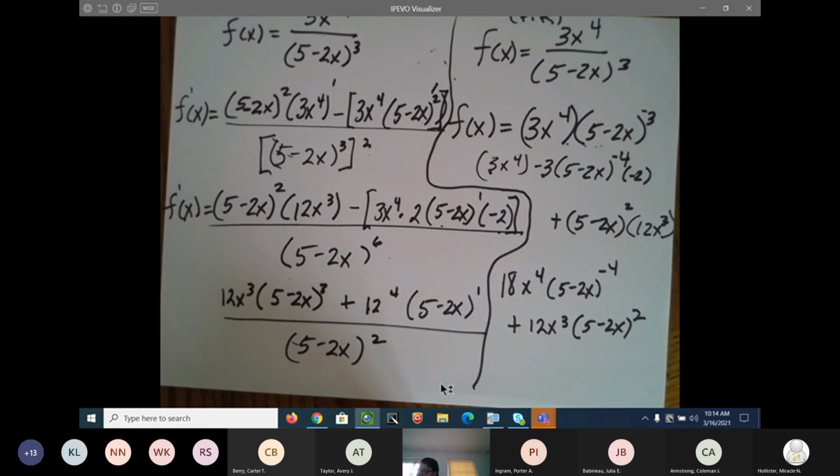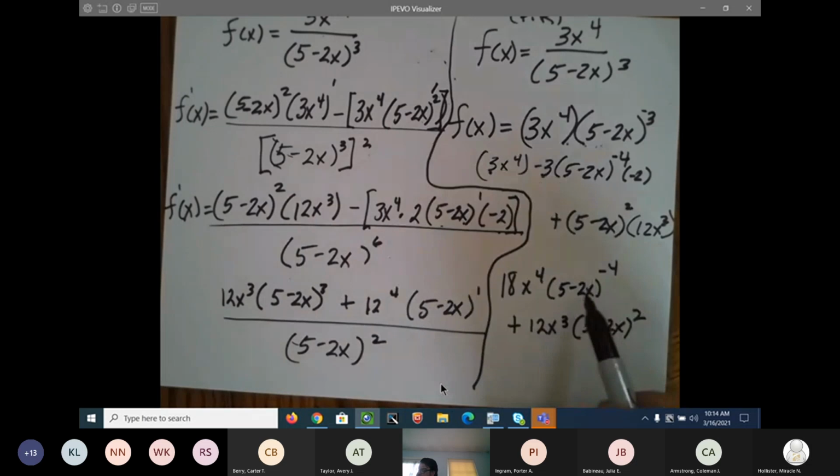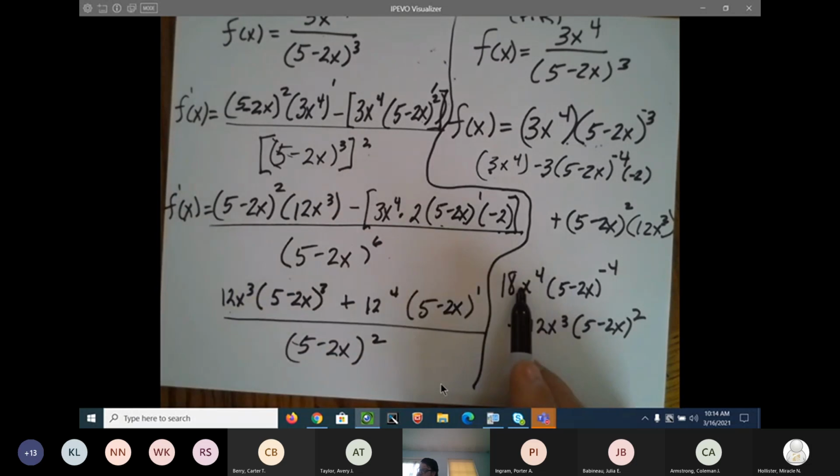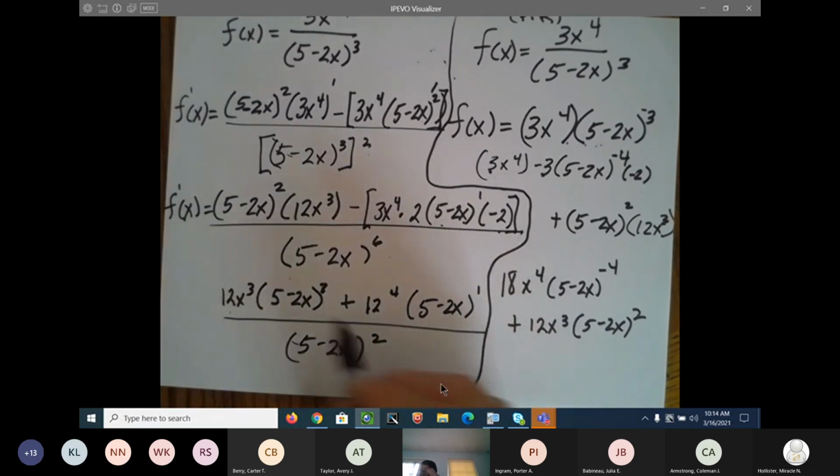Well, this one's going to be a little bit different because that's going to come down. The 12, there's the 12x cubed. And I think that's probably going to simplify. I'm going to go with the quotient rule. And I don't know how far they want to go with this.